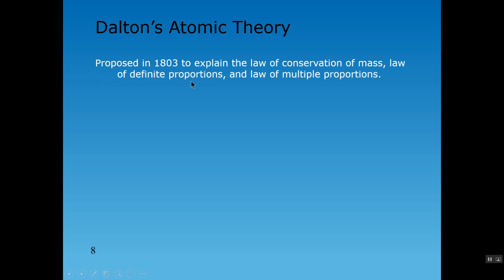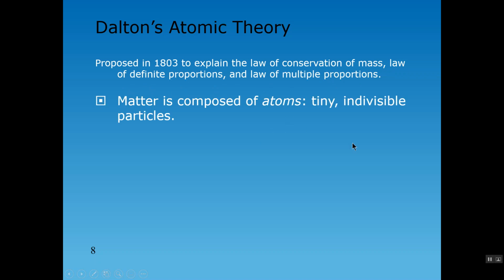And of course, it is used to explain, for example, the law of conservation of mass that we discussed, the law of definite proportions, and the law of multiple proportions, all right? So we're going to go through the principal assumptions of this particular theory, the first of which is that matter is composed of atoms, which are tiny, indivisible particles, all right? Now, let me stick a pin here and say that we now know that this is not true.